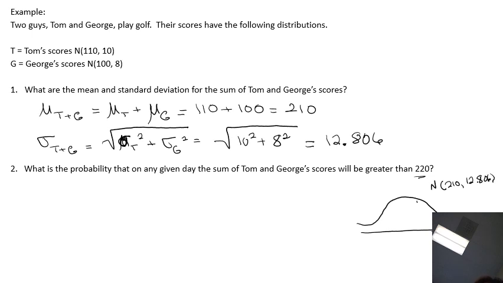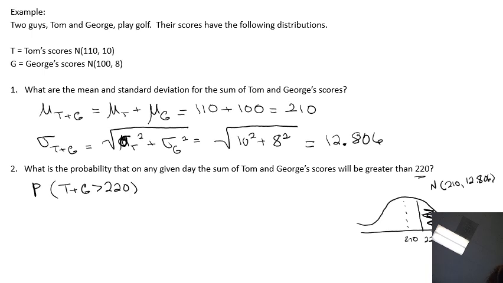And we want to figure out, my mean here is at 210, there's 220, when will they be greater than 220? And so I'm looking for the probability that Tom plus George is greater than 220.